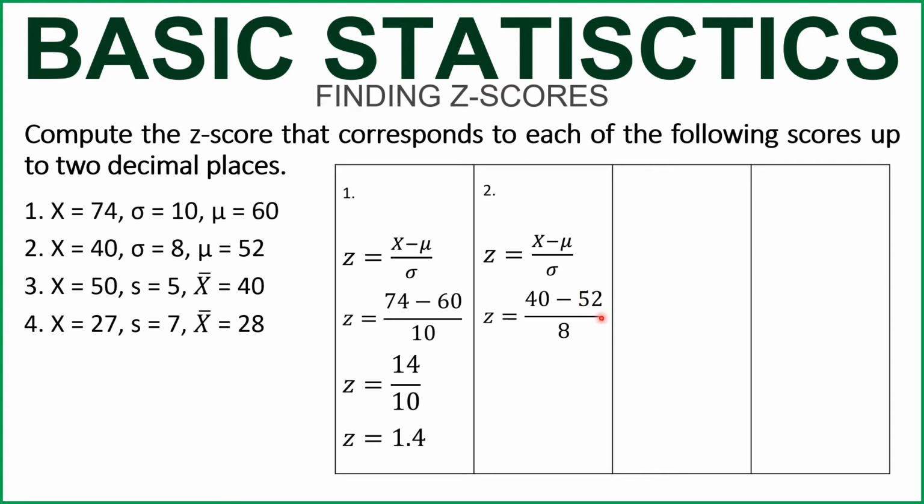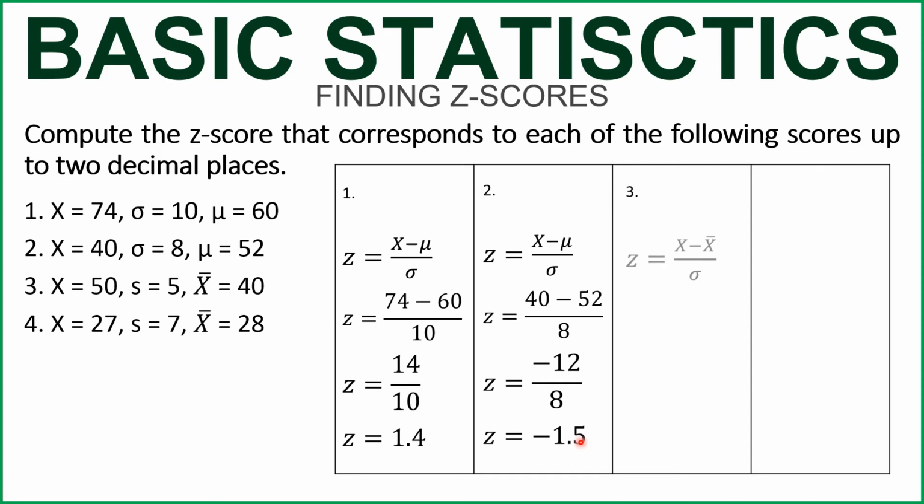And then, 40 minus 52 will give us negative 12. Then, copy the denominator, 8. Then, divide negative 12 by 8. So, our answer is negative 1.5. Simple as that. All you have to do is to substitute and compute.